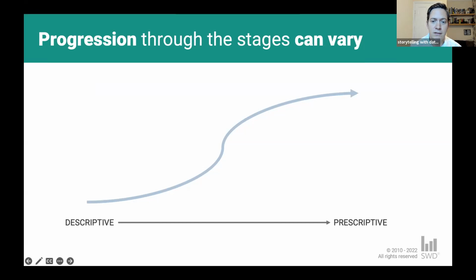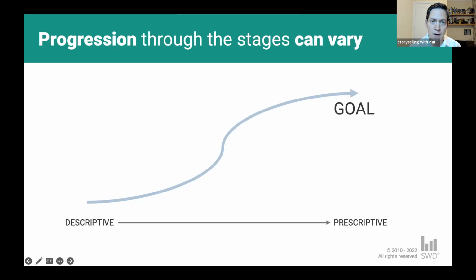But the goal is to get to that prescriptive stage, providing something for your audience that explains what is interesting, how it can help them, and what they can do with it. But you do have to earn that right. You do have to build that relationship with your stakeholders, with your audience, so you can have those type of conversations.